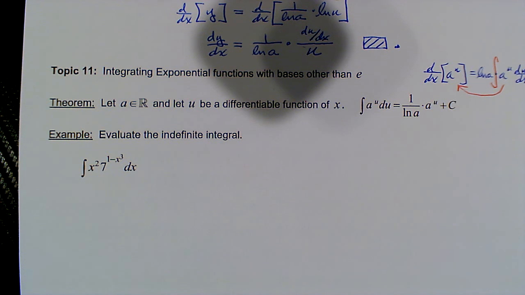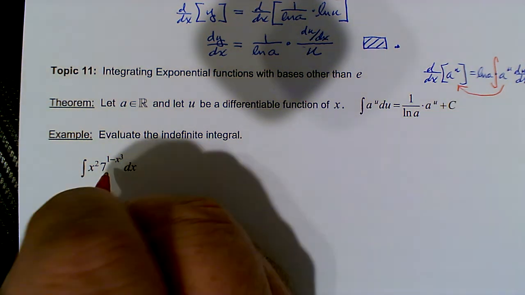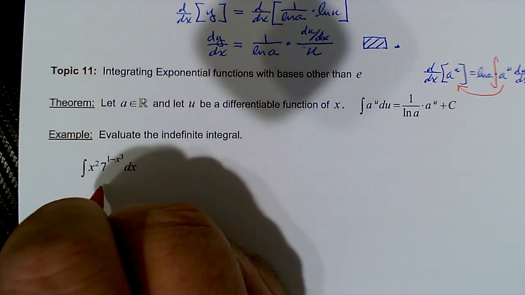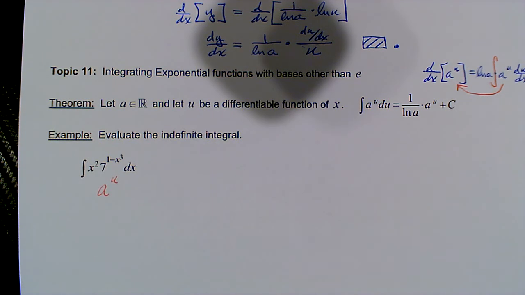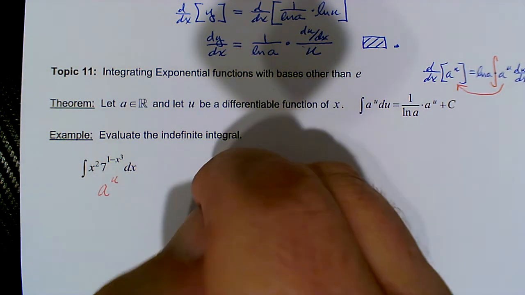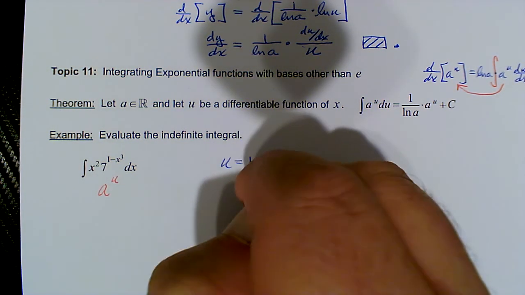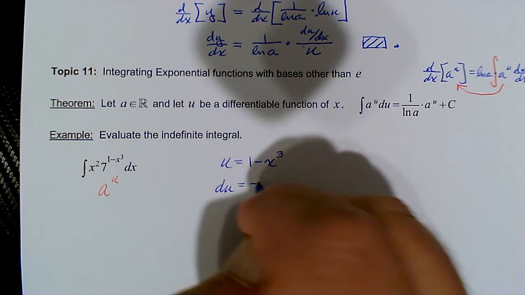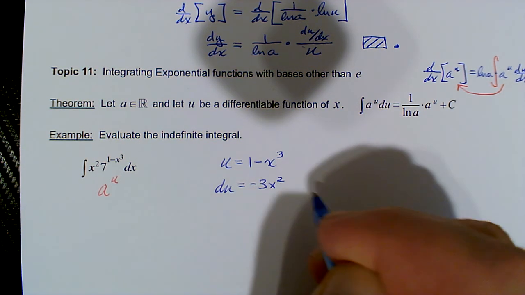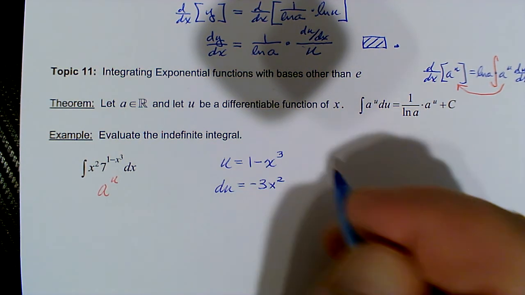That is, consider 7 as your base a, and this fitting the form of a to the u requires a u substitution, where we pick u to be 1 minus x cubed. Differential du would be minus 3x squared dx.